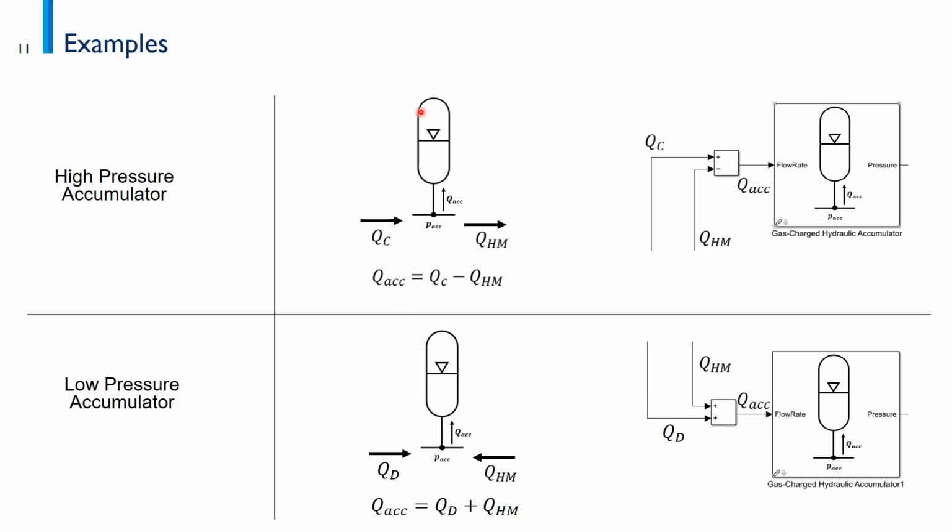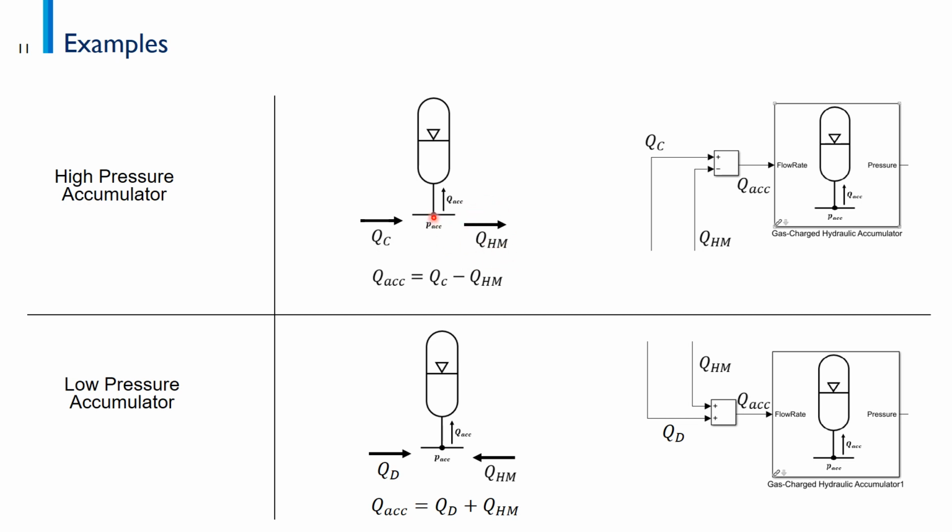So for example, I have taken this from the hydraulic system. In this node, what I can see here is that I have a flow coming here from the rectifying valves, and I have some other flow here going to the hydraulic motor.